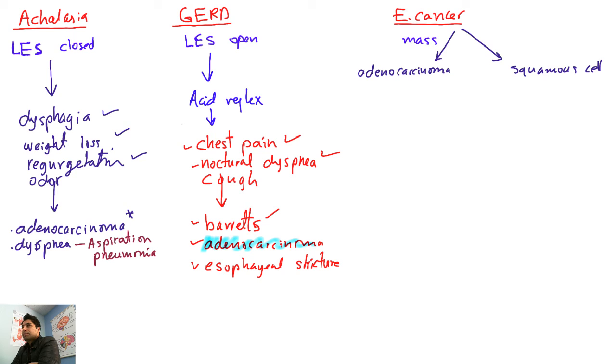The patient should have a history of heartburn, and now he has difficulty swallowing. Does it make sense? Just because a patient has GERD, you shouldn't think they can never have achalasia-like symptoms. Yeah, they can. Okay, let's move on.